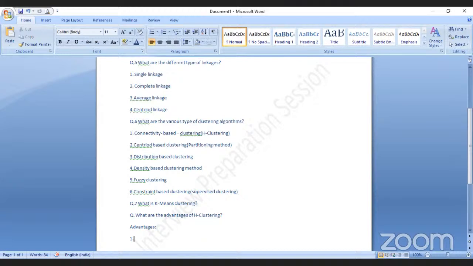This helps in easy handling of any forms of similarity or distance.